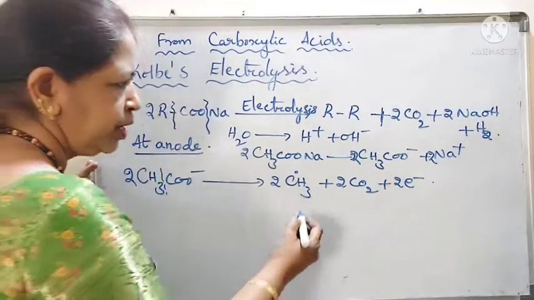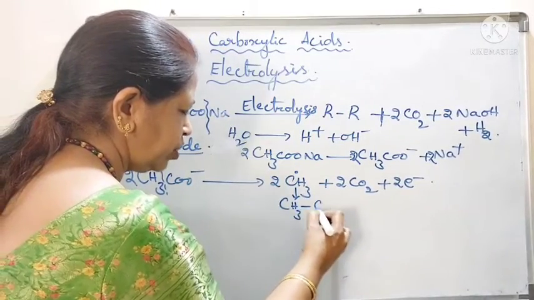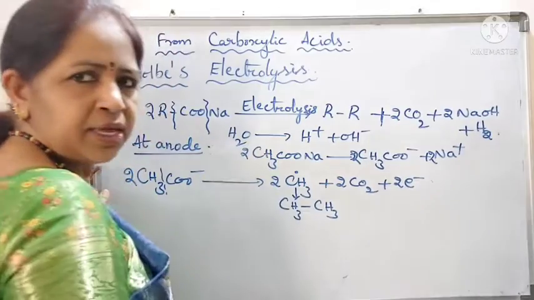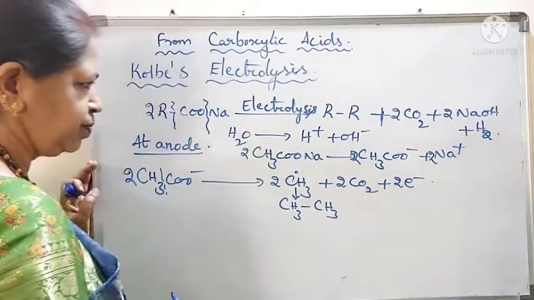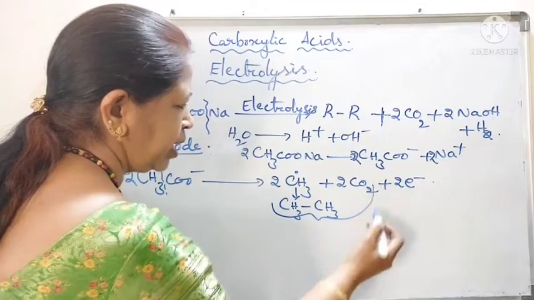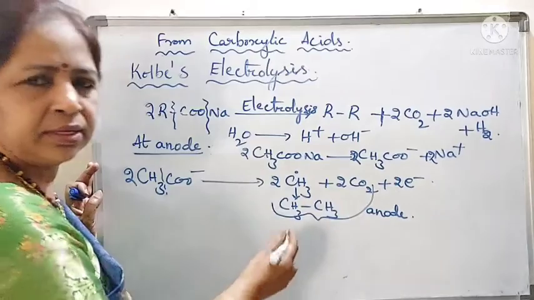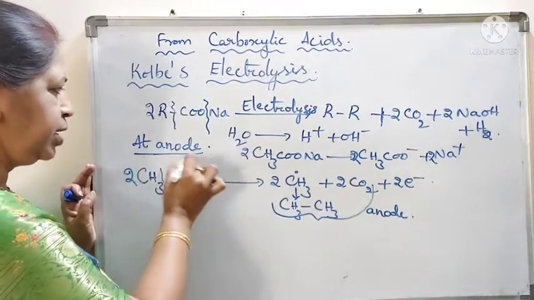This is the reaction, and these 2 alkyl free radicals will join together to form an alkane with even number of carbon atoms. So this alkane and carbon dioxide are evolved at anode.